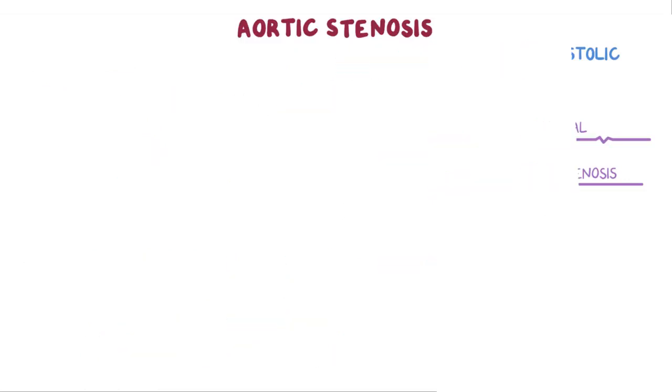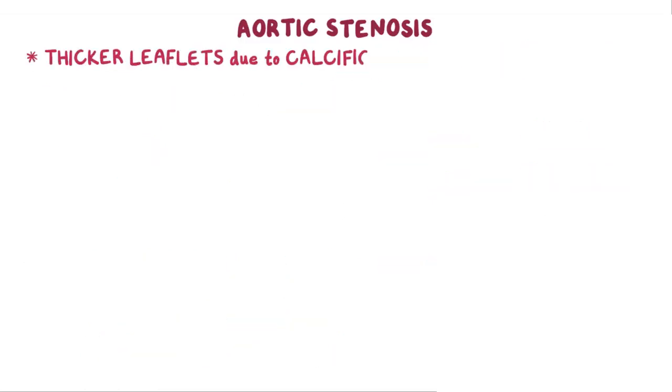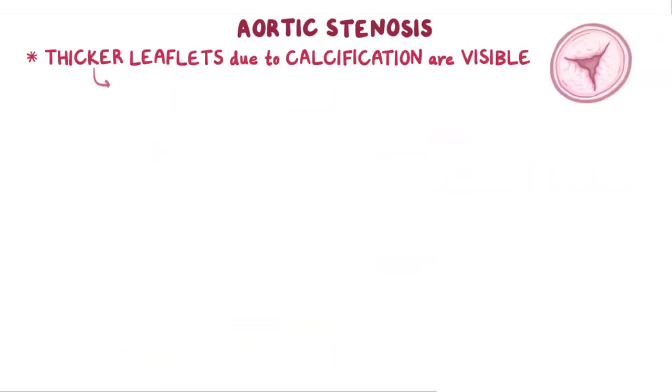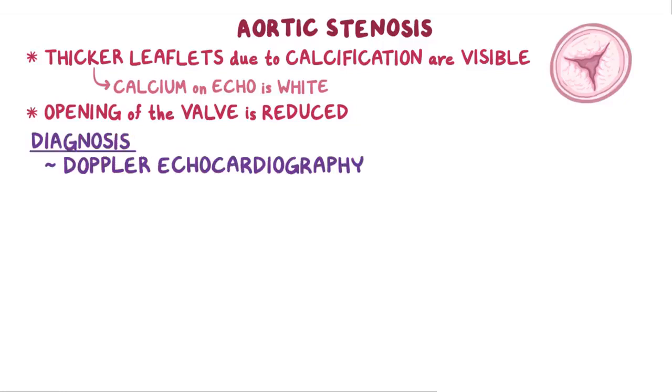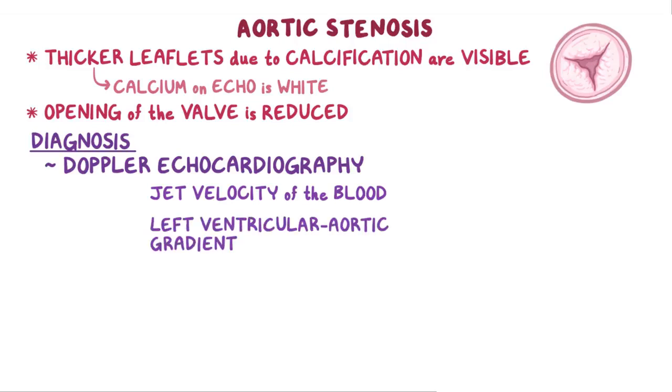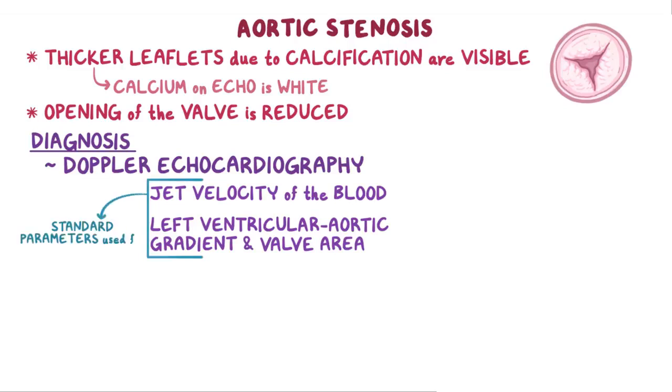In aortic stenosis, thicker leaflets due to calcification are usually visible, as calcium on echo is bright white, and the opening of the valve is also greatly reduced. Doppler echocardiography permits measurement of jet velocity of blood and calculation of the left ventricular aortic gradient and the valve area, which are the standard parameters used for evaluation of stenosis severity.